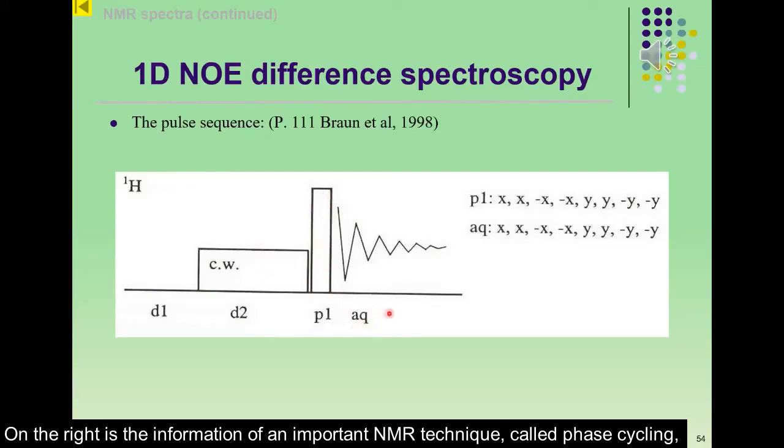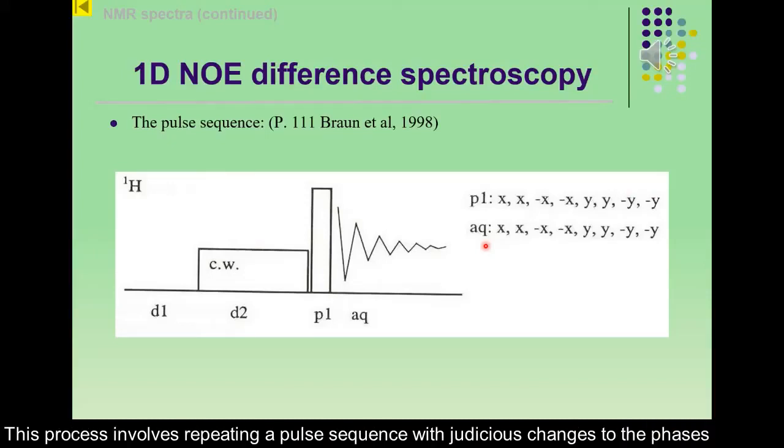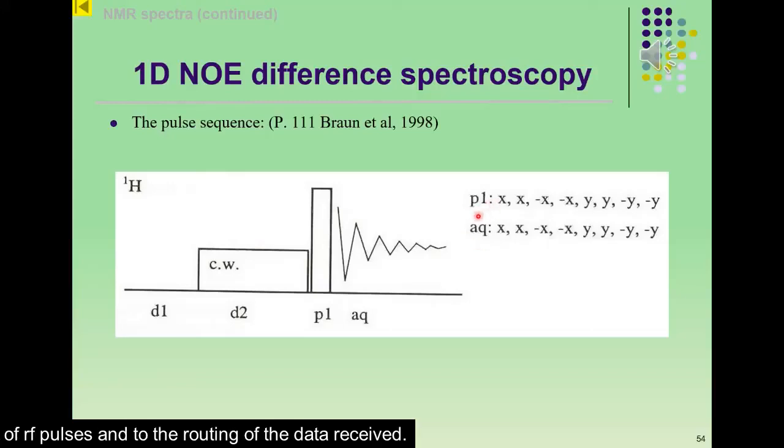On the right is the information of an important NMR technique called phase cycling, which is a method that lies at the very heart of almost every NMR experiment. This process involves repeating a pulse sequence with judicious changes to the phases of RF pulses and to the routing of the data received.